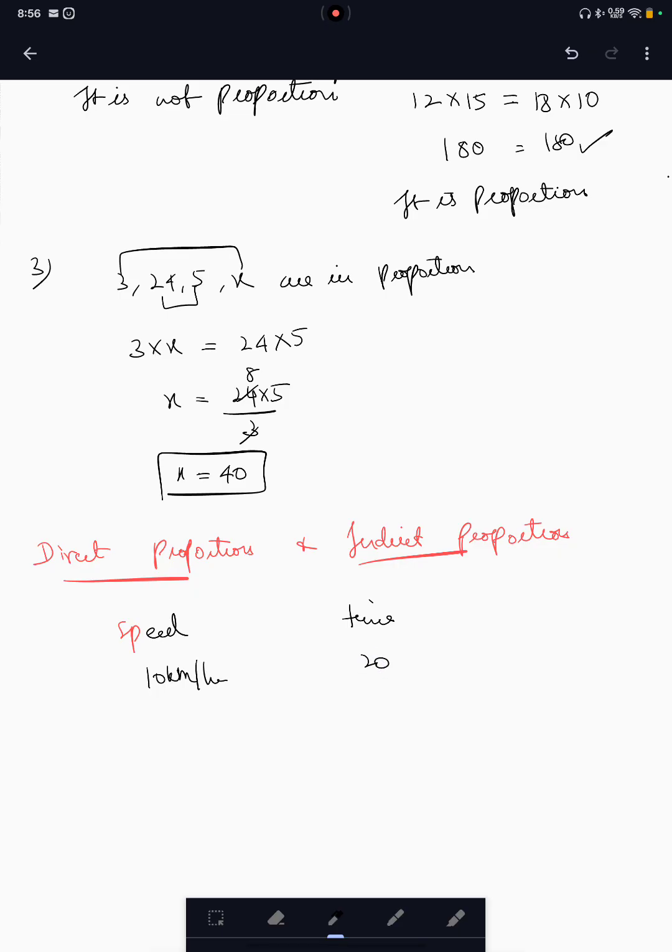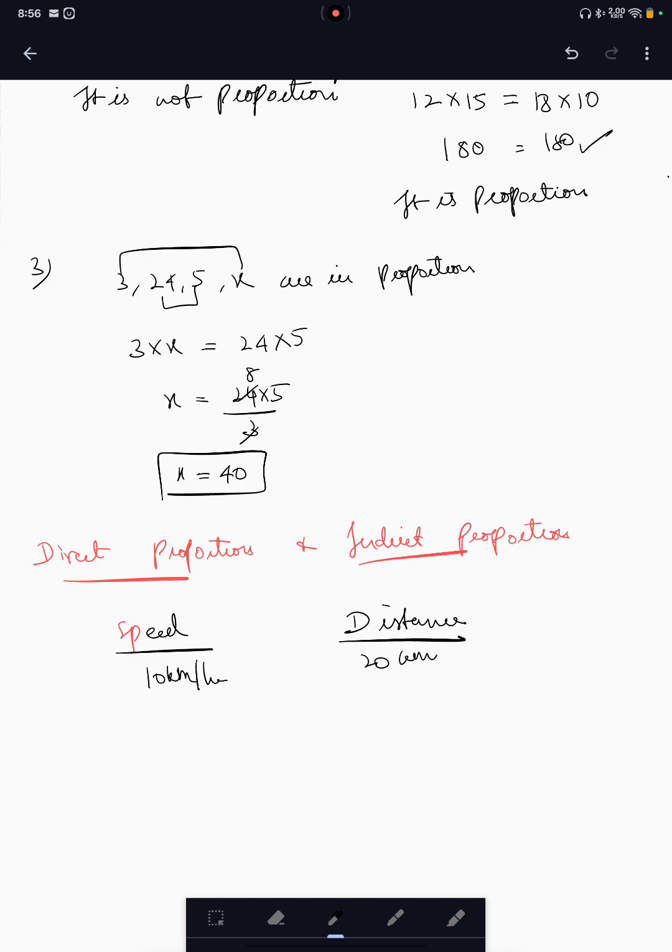Sorry, not time, it will be distance. Distance is 20 km at 10 km per hour speed.